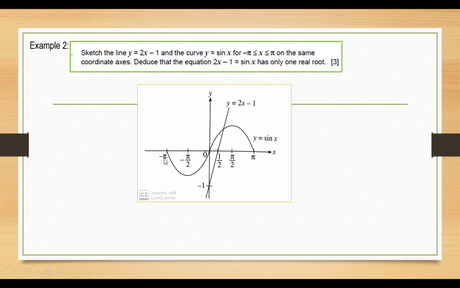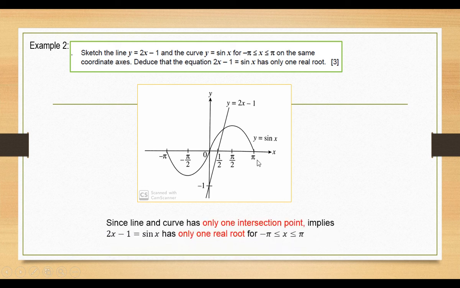We write the scale and we indicate clearly that there is one intersection point in the interval negative pi to pi. So since the line and curve have only one intersection point, it implies 2x minus 1 equals sin x has only one real root for negative pi to pi.